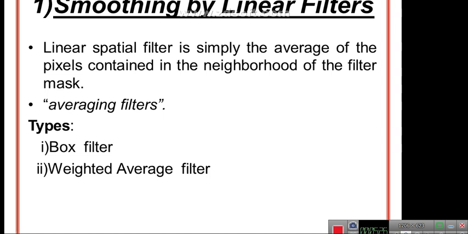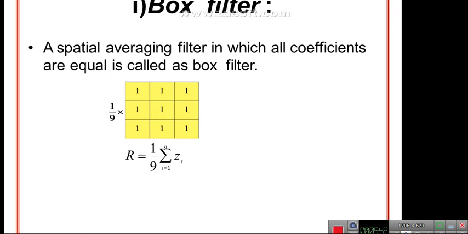First is smoothing by linear filter. A linear spatial filter is simply the average of the pixels contained in the neighborhood of the filter mask, so it is also called an averaging filter. Here two different filtering techniques are there: the box filter and the weighted average filter. This is the mask for a box filter.